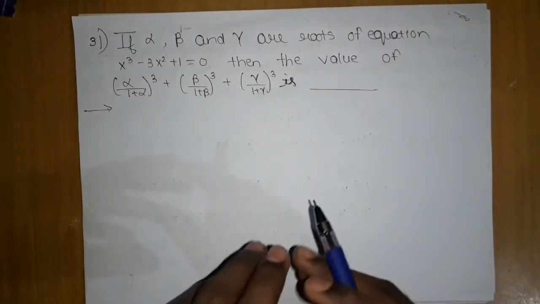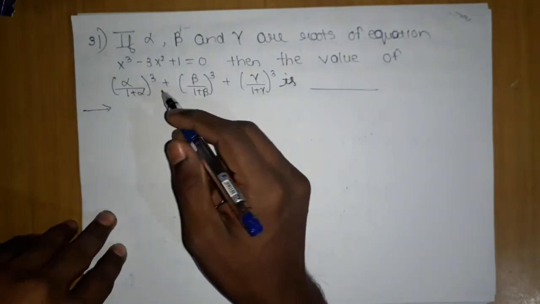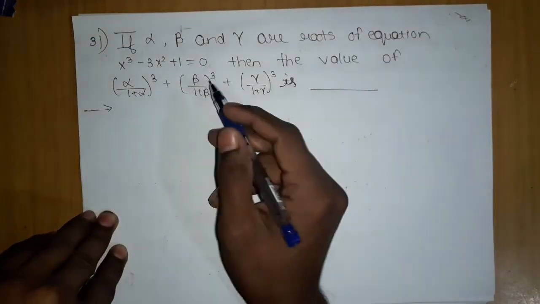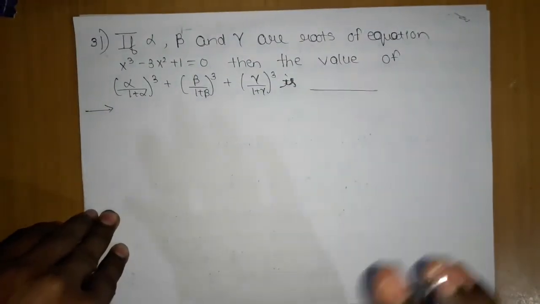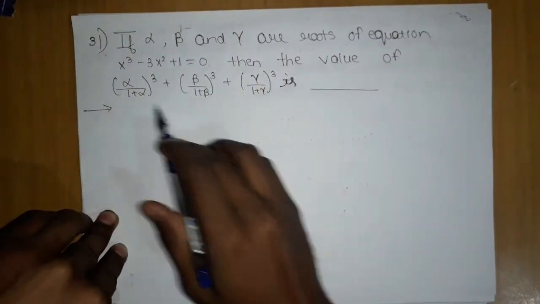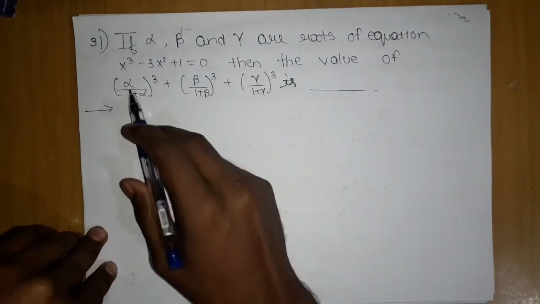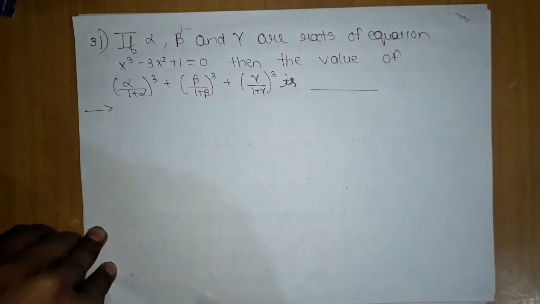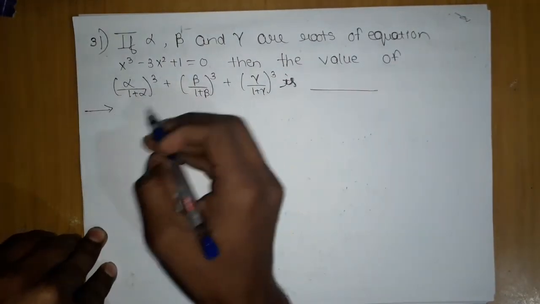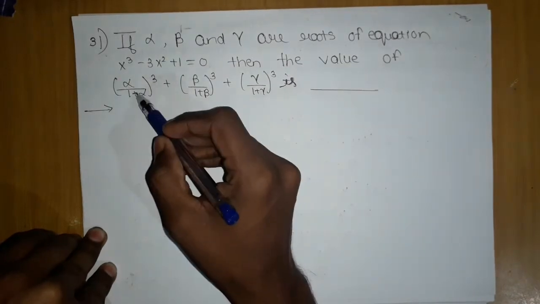Although we have done some similar questions earlier also, let's try. Now it is in alpha and beta terms. Let's assume that there is a quadratic equation somewhere in the universe whose roots are these three. One root is alpha upon 1 plus alpha, and I cannot put this value as root everywhere.